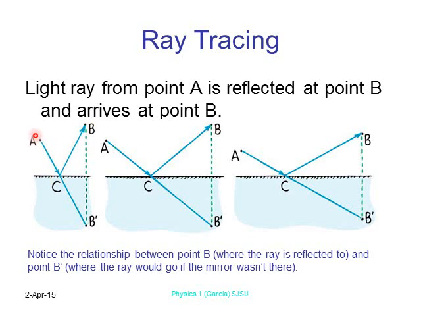All right, so incoming ray, reflected ray. This continuation, this B prime, is where this would go if it didn't hit the mirror.